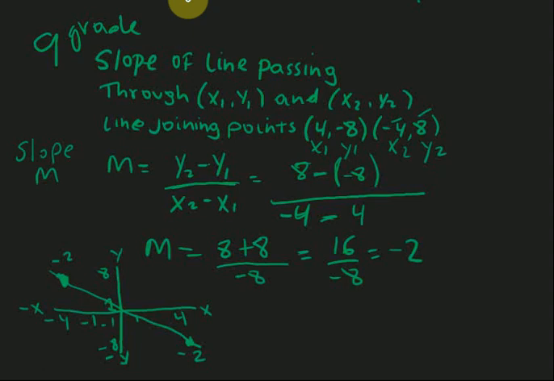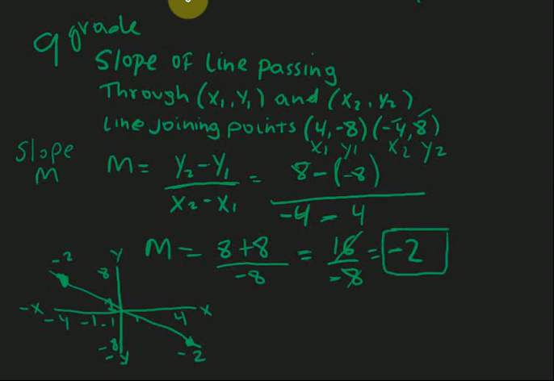So it equals 16 over minus 8. 16 divided by 8 is 2, and you have to carry the negative. So now this is your slope, the final answer for these two points.